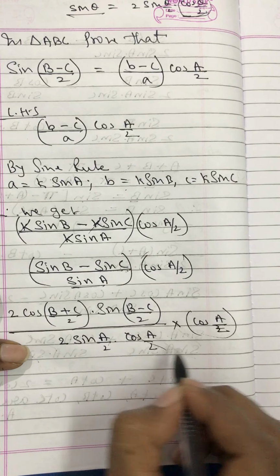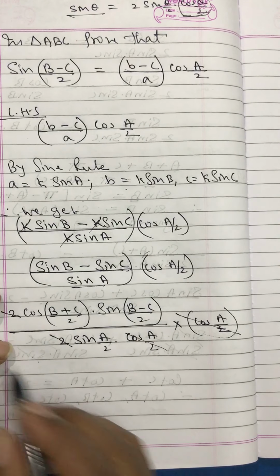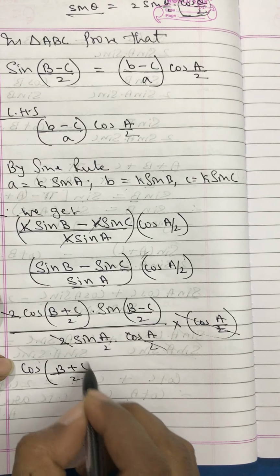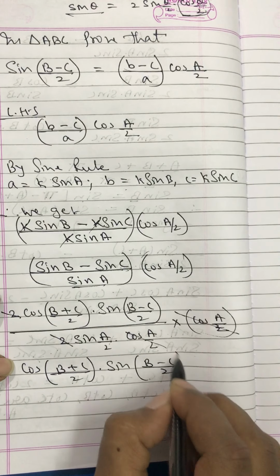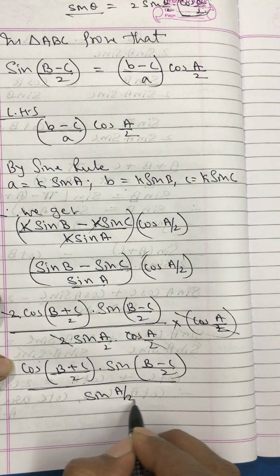Fine. Here cos A upon 2 is gone, this 2 is gone. So what we are remaining with now is cos (B plus C) upon 2 into sin (B minus C) upon 2 upon sin A by 2.